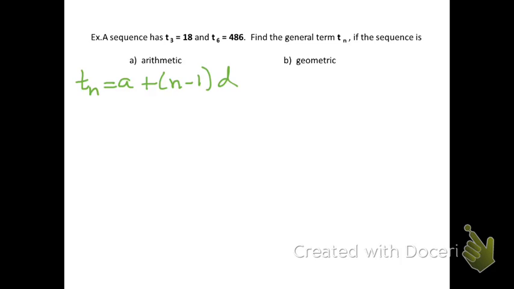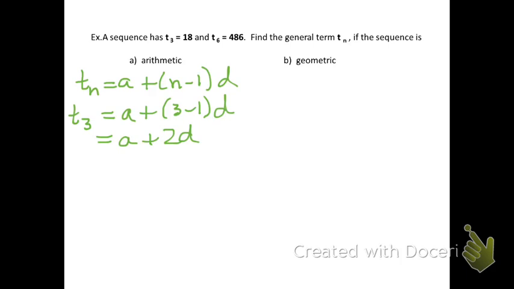So we're going to use this first and plug in the values for term 3. We don't know what the starting value is, but we do know that it's 3 minus 1 here, and we don't know what the difference is. So we have a plus 2d.